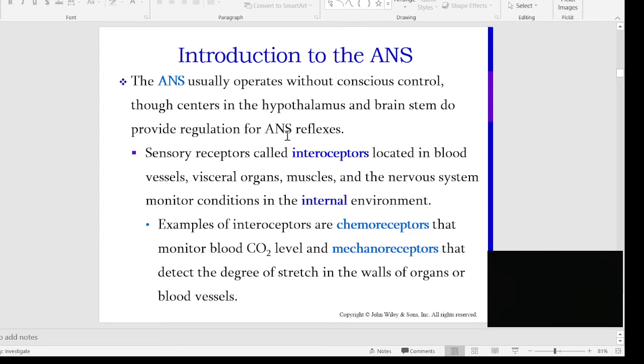Some of them are chemoreceptors or mechanoreceptors. Chemoreceptors detect chemicals, such as CO2 and O2 concentration in the blood, while mechanoreceptors detect mechanical movement, the degree of stretch in the walls of the stomach, small intestine, colon, and heart. The response is then handled by the ENS.